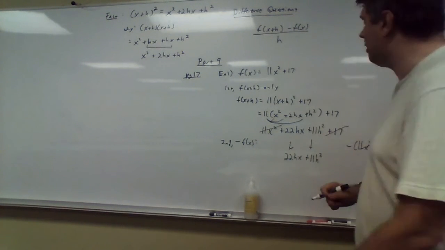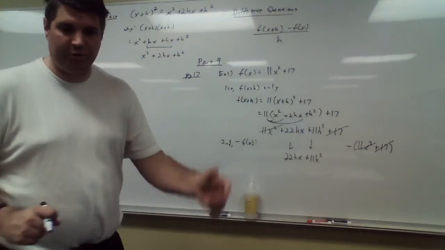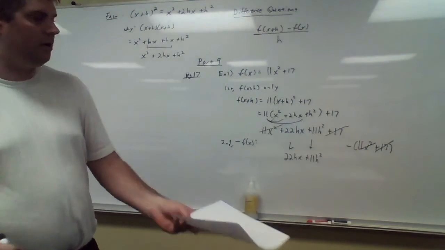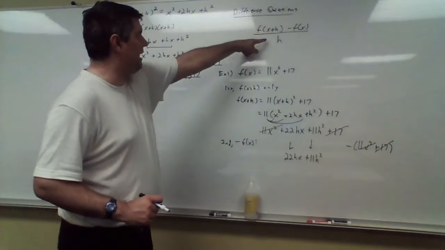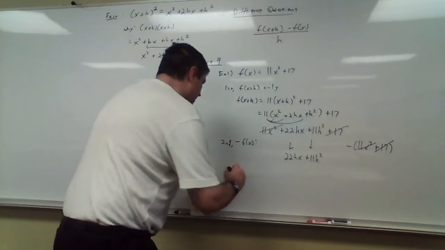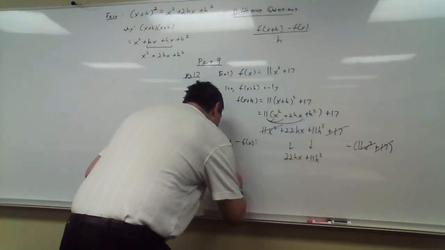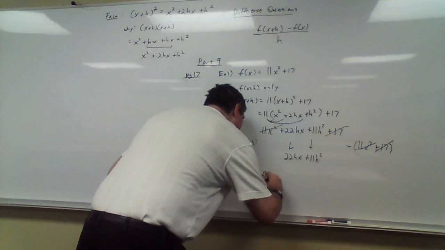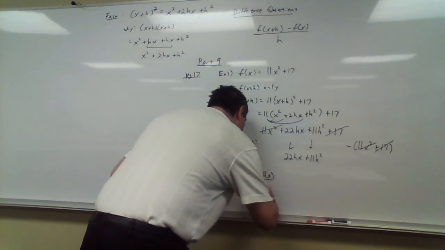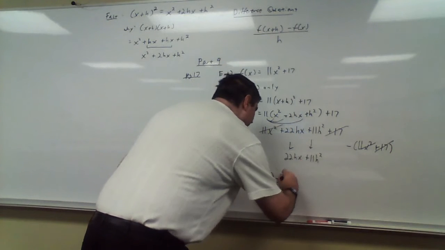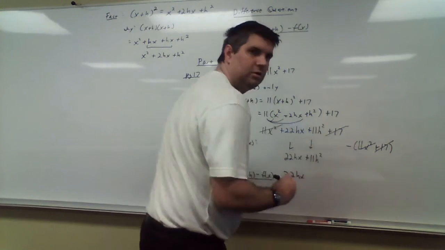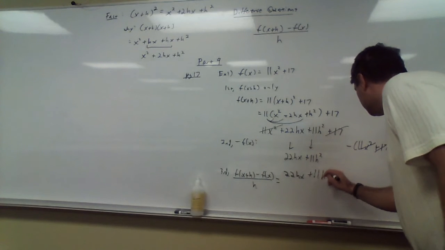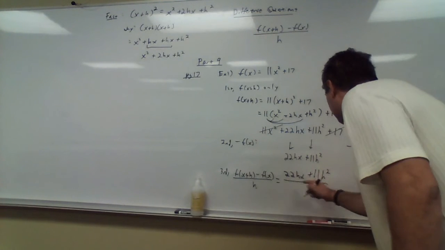Okay? The third step, according to this, which is what I follow, third, I will do this division by h. So third, f of x plus h minus f of x over h is just this stuff over the h.